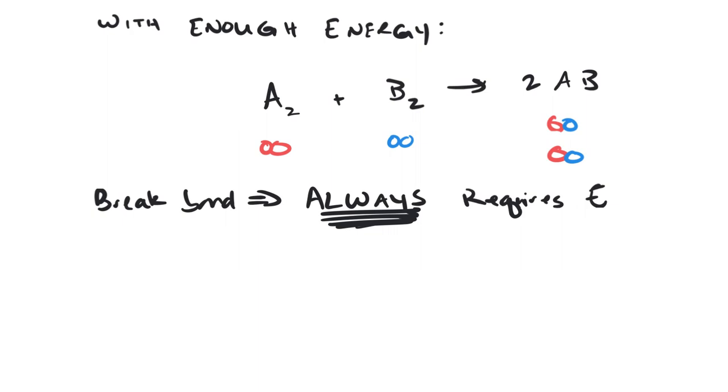Always, no matter what. And conversely, if I'm making a bond, that always, no matter what, releases energy. Again, the bond wouldn't form unless it was at a lower energy bonded together than when they are separated.